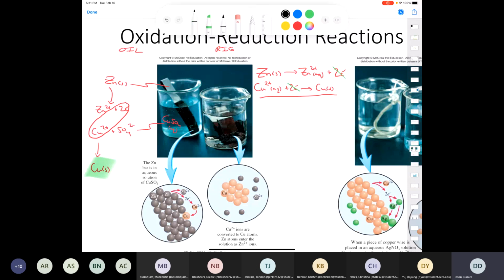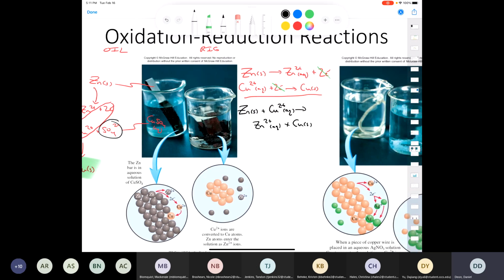So the overall redox process is zinc in the solid phase plus copper 2+ in the aqueous phase produces zinc 2+ in the aqueous phase plus solid copper. Now you might be wondering, where did the sulfate anion go? Well, that's a spectator ion, so we leave it out of the overall redox process.